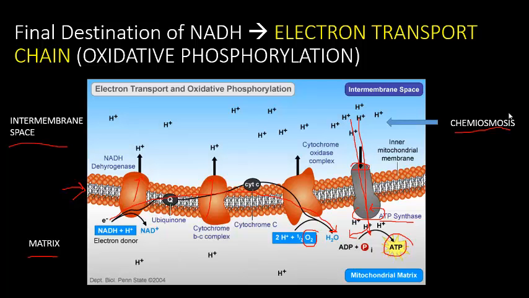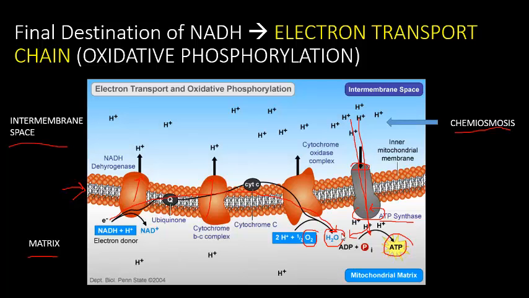When the protons rush through the ATP synthase, they're going to join up with the oxygen and the electrons, and water is going to be formed. This process overall, where the movement of electrons is used to regenerate ATP, is called oxidative phosphorylation.